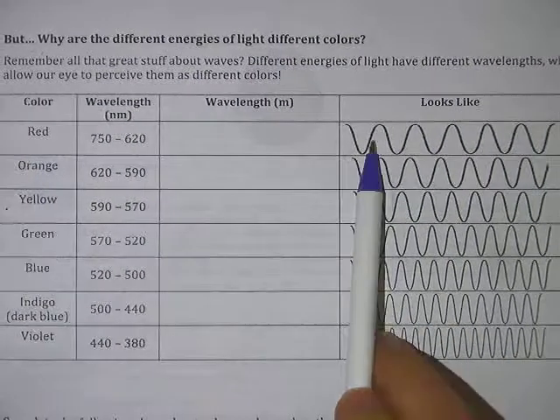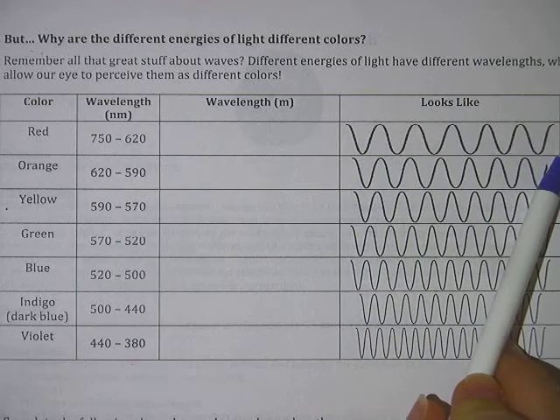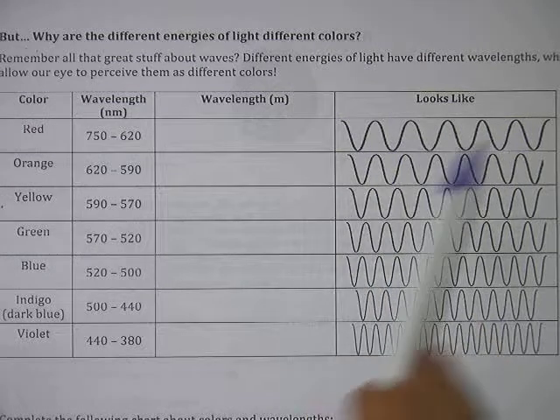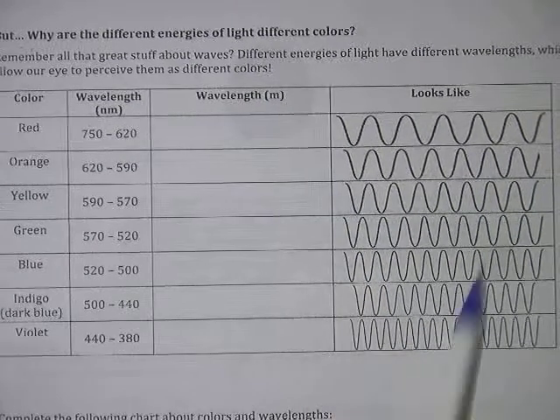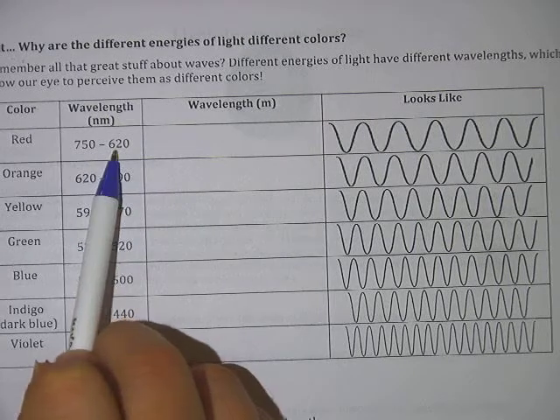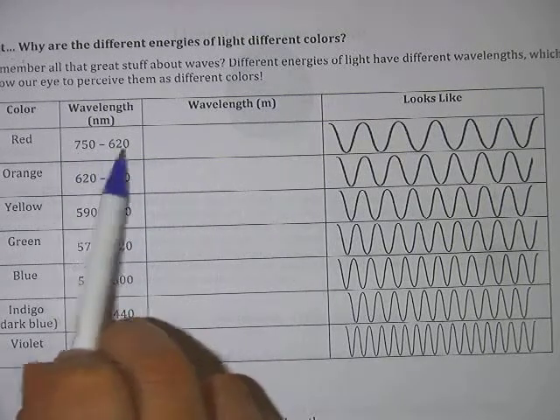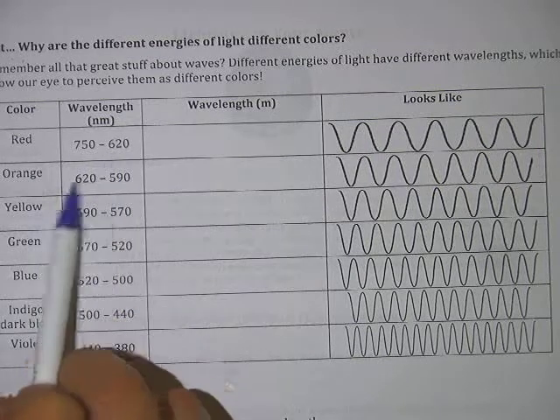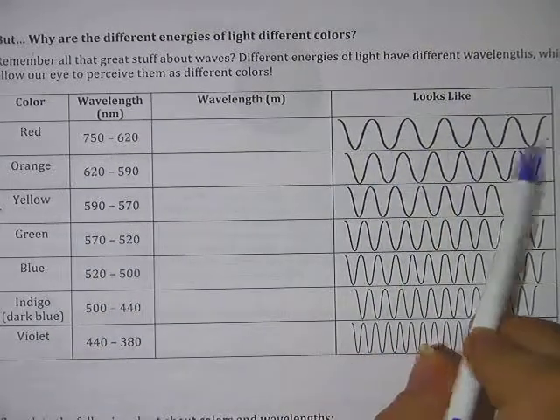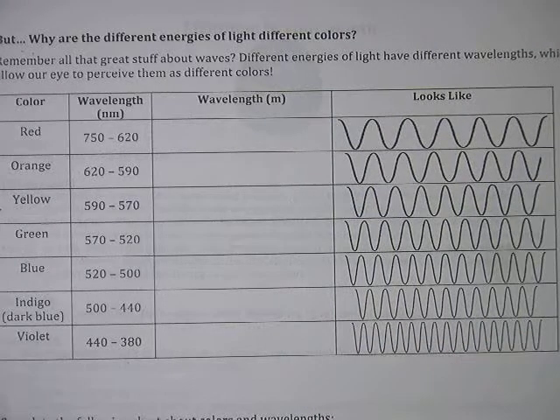So red light has longer wavelengths than violet light. Those are very short wavelengths. And our eyes perceive these different wavelength ranges as different colors. So there is a range in which we see light as red, and then we hit the edge of that range and it starts looking more orange to us, and that's based on how long those wavelengths are.